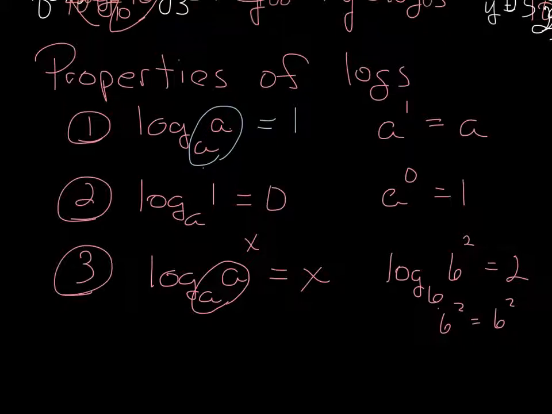The other one would be if we have a to the log base a of x, that's going to be equal to x because those are inverse functions. What you look for is matching bases. Notice here the bases match.